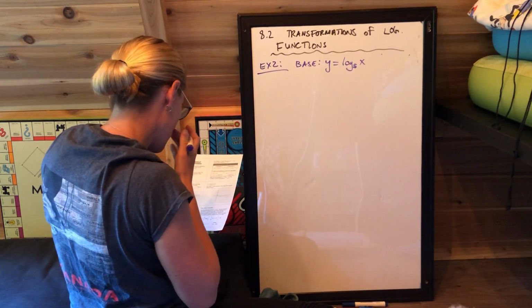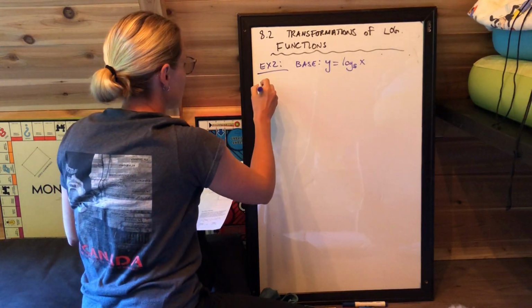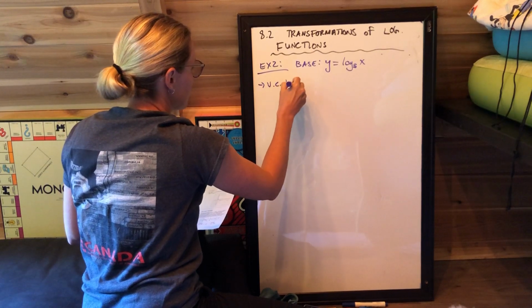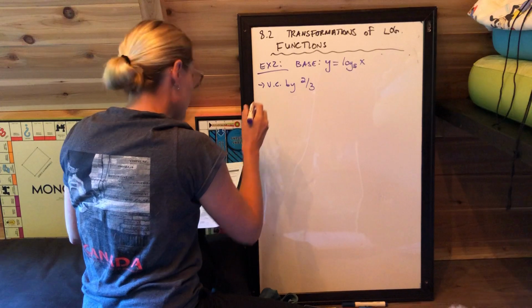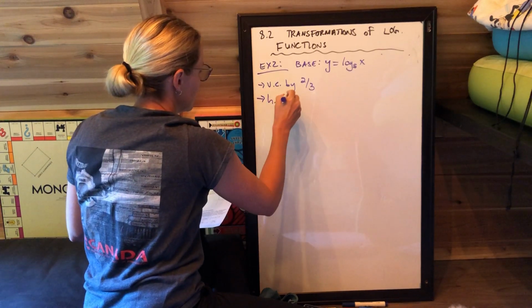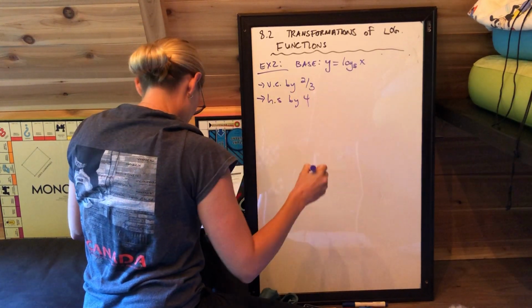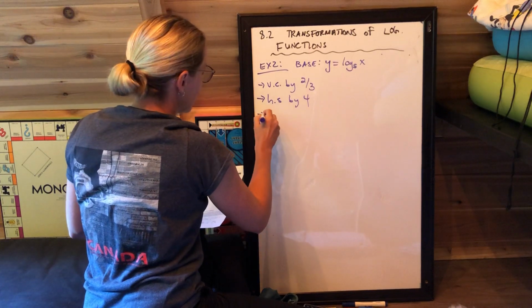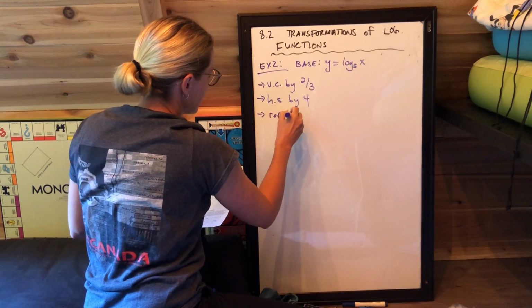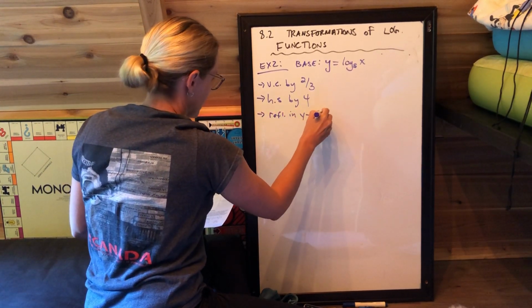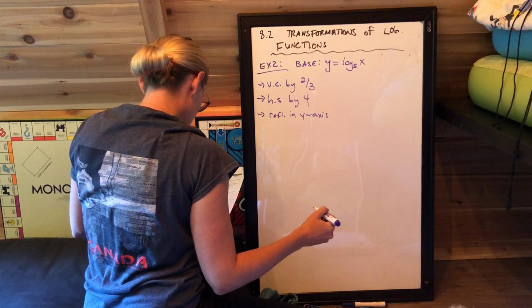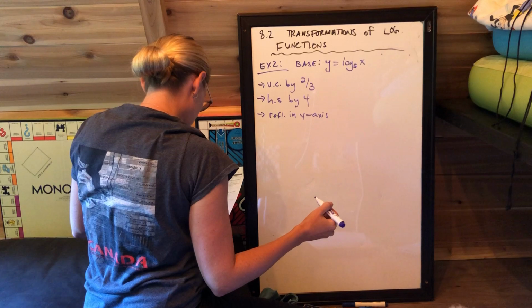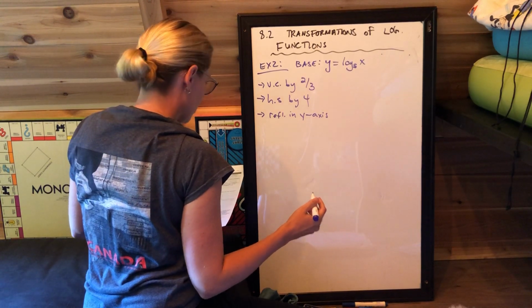Vertically compressed by 2/3. Horizontally stretched by 4. Reflected in the y-axis. It has also been horizontally translated so that the vertical asymptote is at x equals -2.